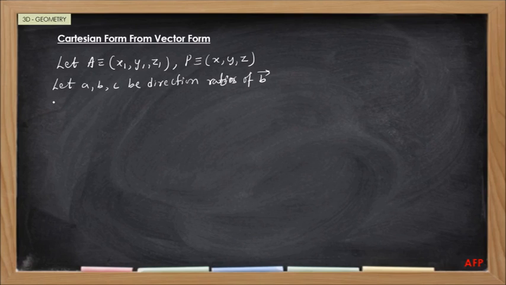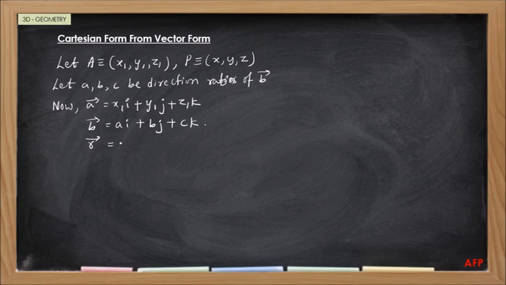Now, vector a you can write as x1 i, y1 j, z1 k. Vector b you can write as ai, bj, ck, and vector r you can write as xi, yj, zk.